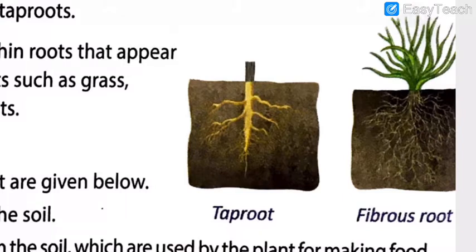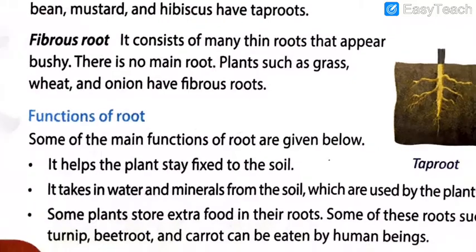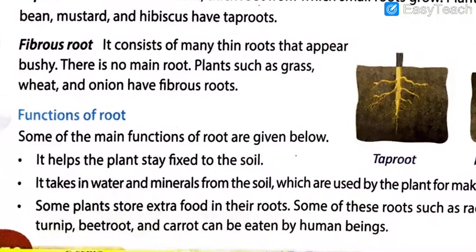So once again, taproot has one main root and the bushy roots are attached with it, whereas in fibrous root, no main root is there, every single root is equal. So I hope now you have the idea what is taproot and what is fibrous root.